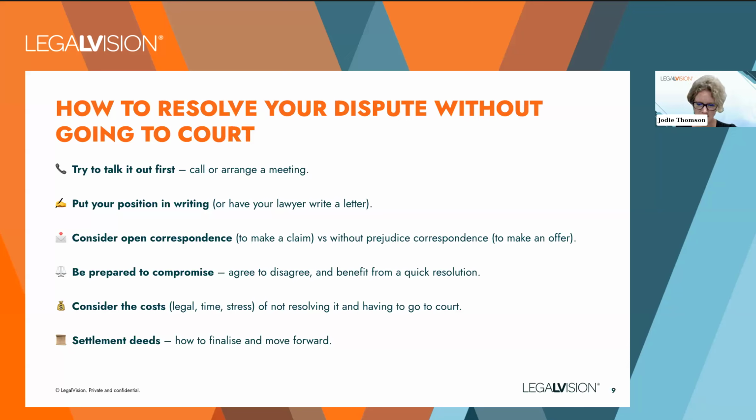Things can escalate very quickly when they're not expressed well in an email or even a letter, and it can blow up more quickly than it should. So if there is any way of resolving things with a call or a meeting, it's a really good place to start. As I said earlier, take notes.